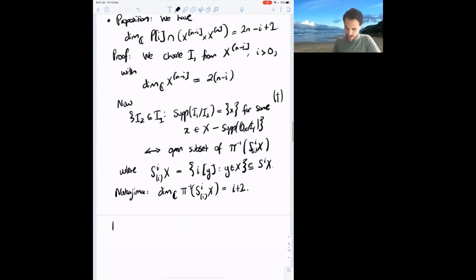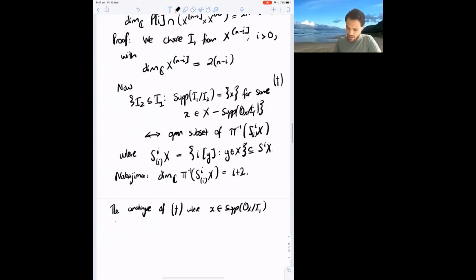And the analog of this condition, where instead we say that X is inside of the support, cuts out something inside of PI of smaller dimension, which hopefully is believable because the support is closed. You're restricting X to be in something of lower dimension, so it has smaller dimension than I+1.